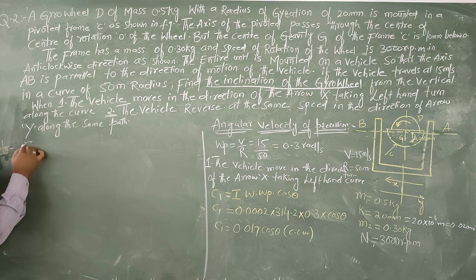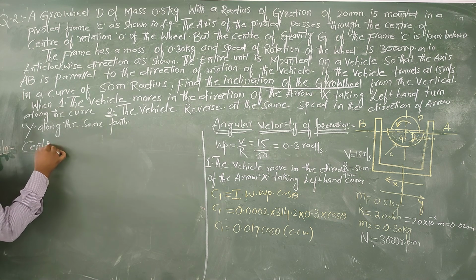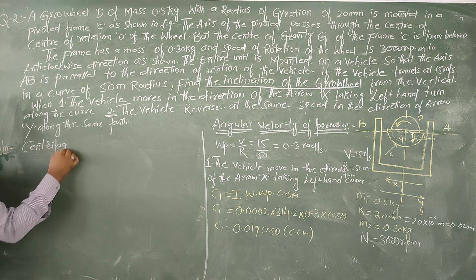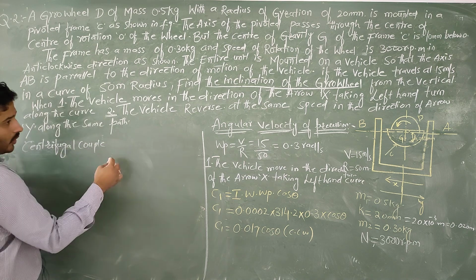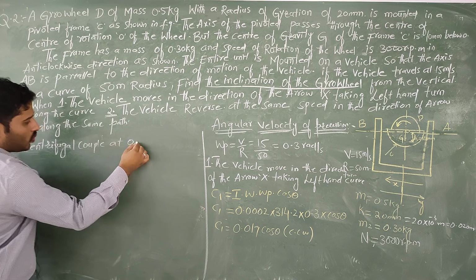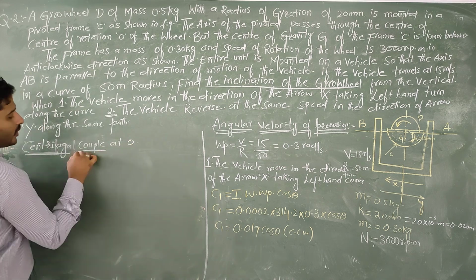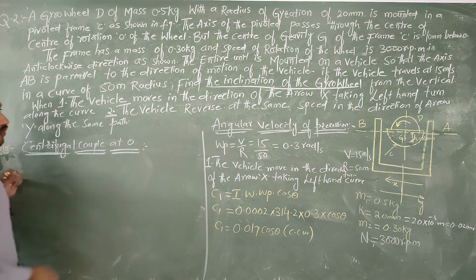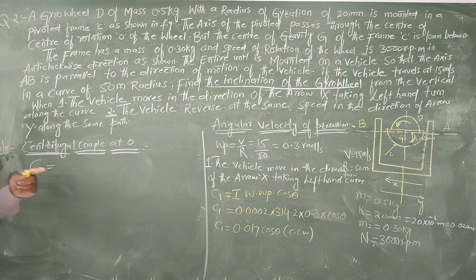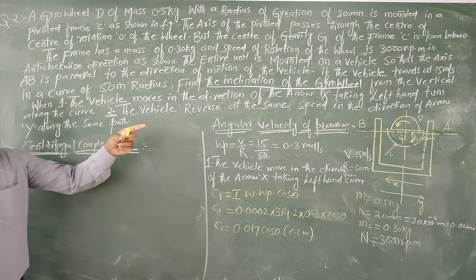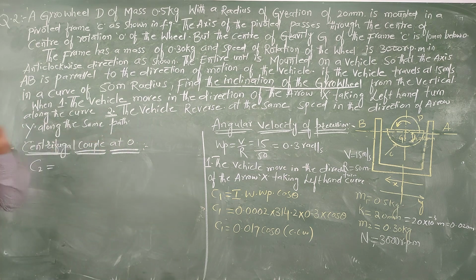Next one, the centrifugal couple at the point O. So we need to find out the centrifugal value C2. Because we have two masses: the first is the gyro wheel mass, the other is the frame mass, m2.